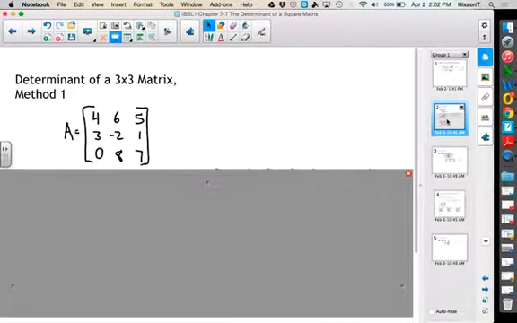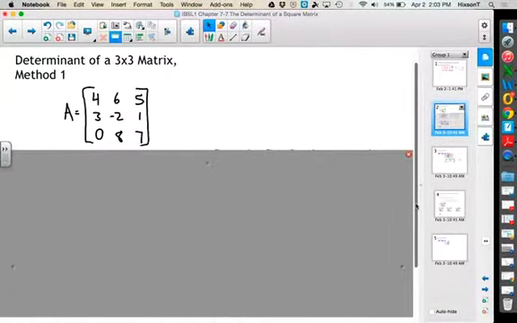The first method is actually derived from the second one, so there's a little bit of a trick to it, but mathematically they're the same value and the same process in the end. We're going to calculate the determinant of this matrix both ways. So A is 4, 6, 5, 3, negative 2, 1, and 0, 8, 7.